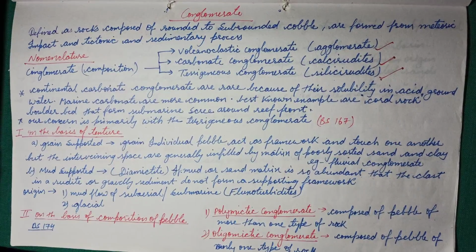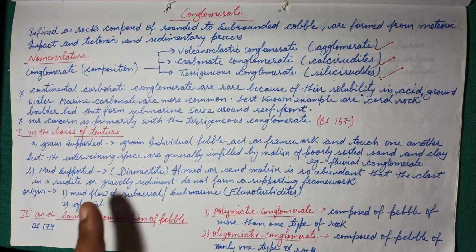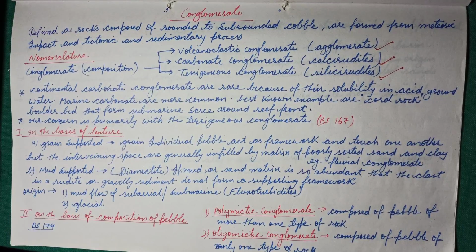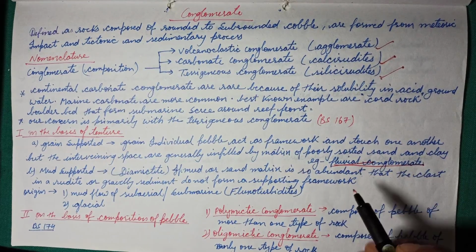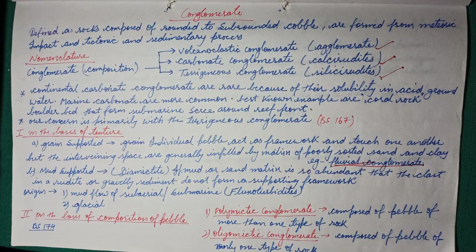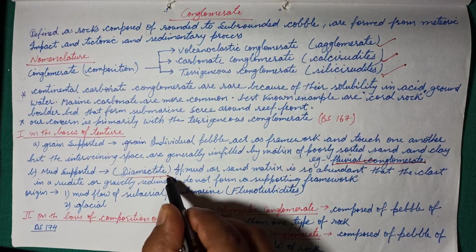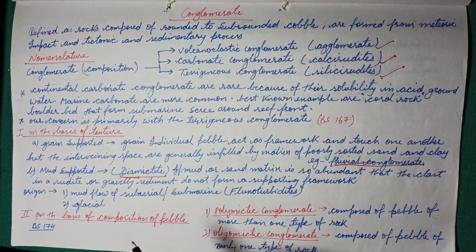So in the first case, in grain supported, you will see the pore spaces, or the remaining spaces, are filled by the poorly sorted sand and clay grains. An example is fluvial conglomerate. So in fluvial conglomerate, these types of grain supported matrix could be seen. But in mud supported, there is another important term you will see here, diamictite. These generally are of glacial origin.